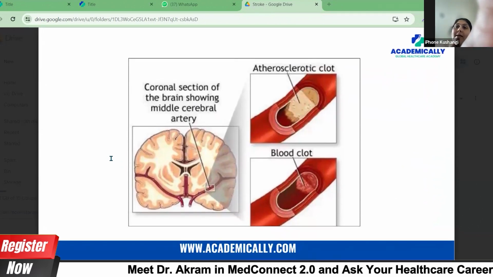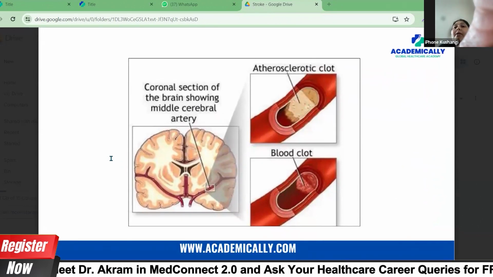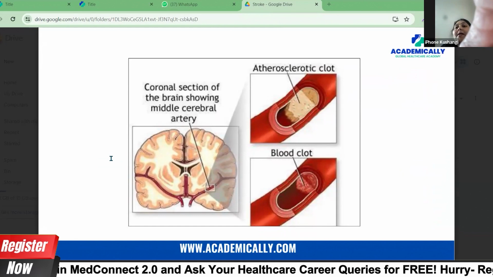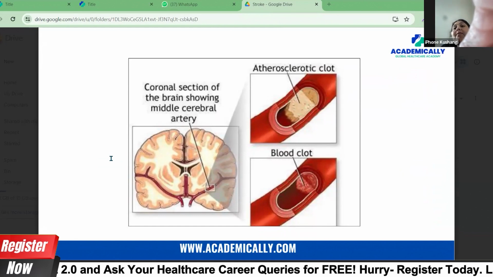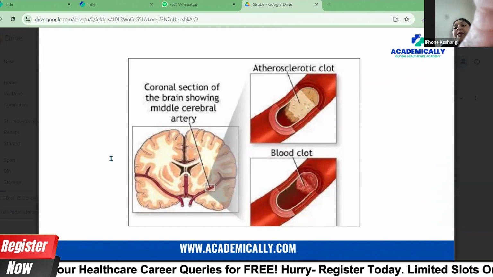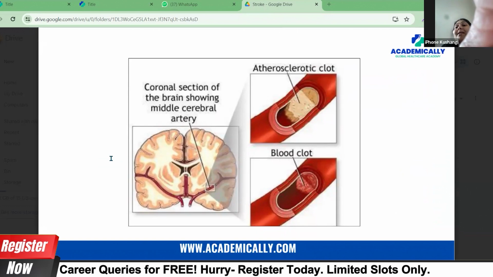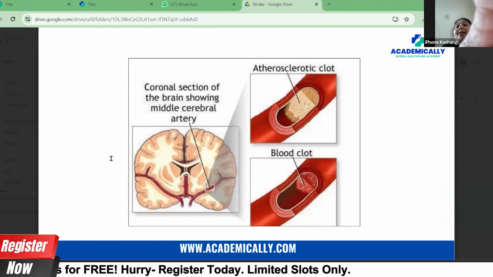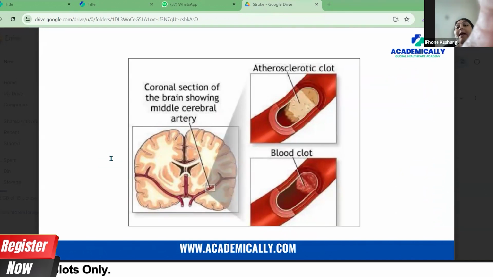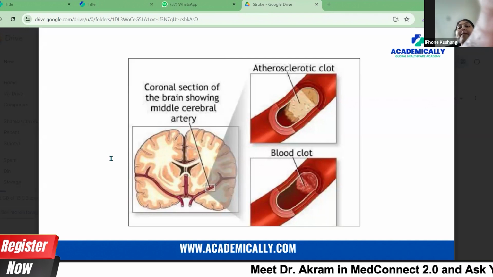So how is the blood clot formed? If you look in the artery, this blood clot turns into the atherosclerotic clot, which doesn't dissolve and which causes the blockage of the arteries. It is very well seen on the left-hand side of the picture, where the middle cerebral artery is blocked because of the atherosclerotic plaque. Next, please.